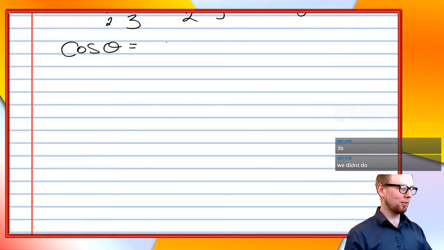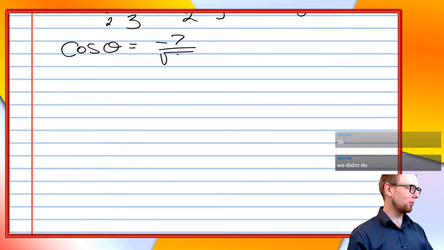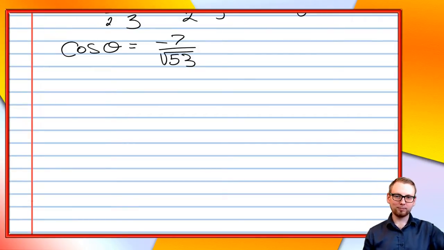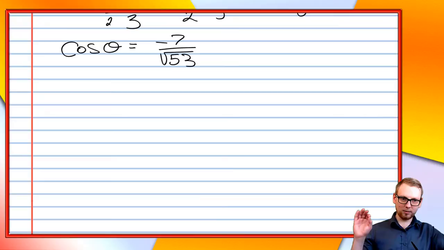Cos theta equals -7 over the square root of 53. What is cos theta on a reference sheet in terms of x, y's, and r's?